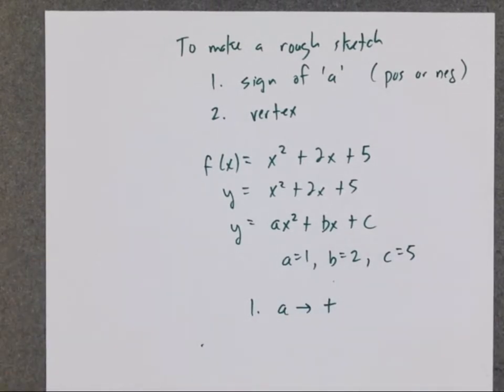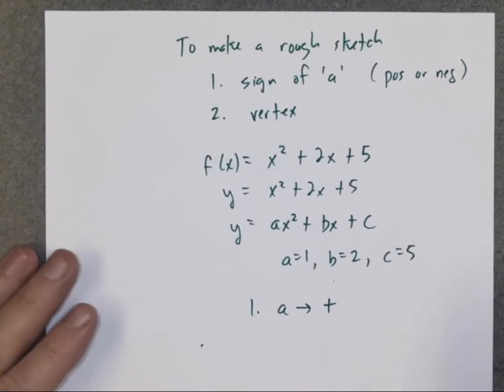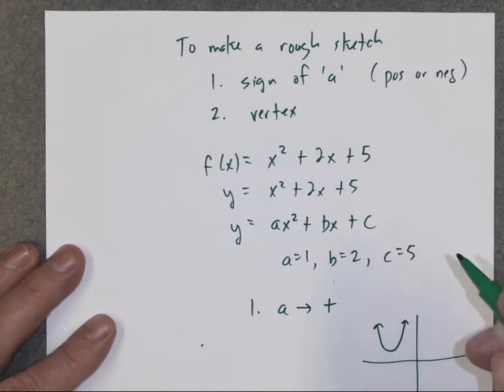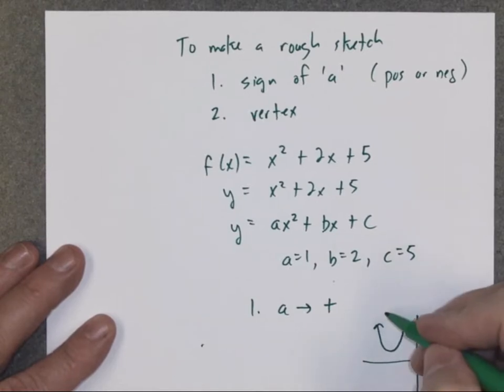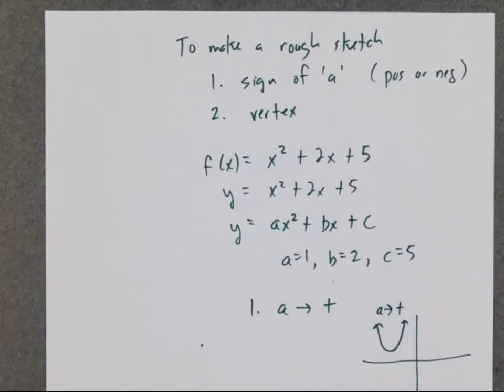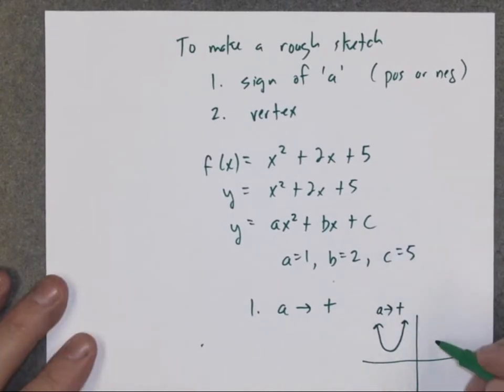Because here's what's interesting. Earlier I said there are two possible kinds of parabolas, open up or open down. Well, what's interesting is when a parabola opens up, a is going to be a positive number. If you look at the equation for that parabola, a is a positive number.